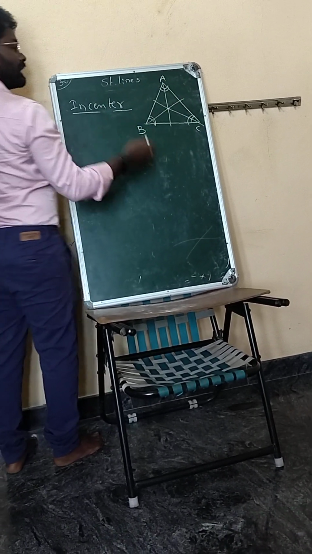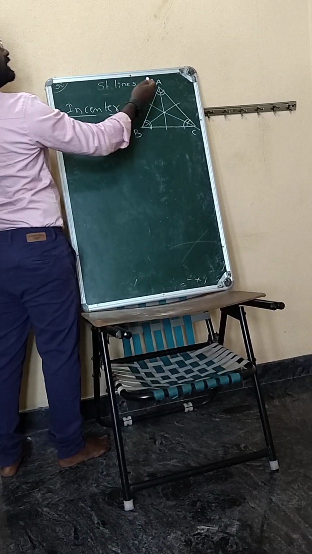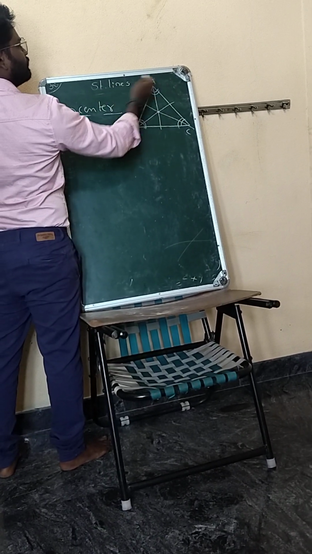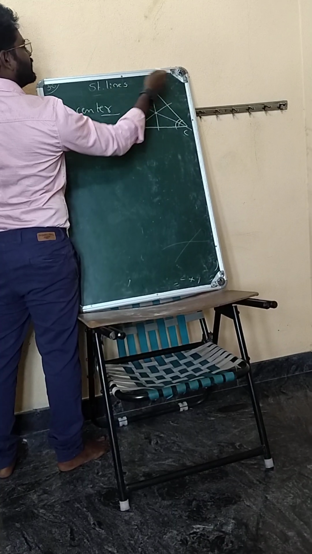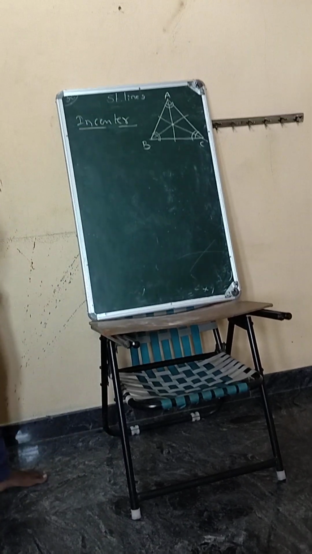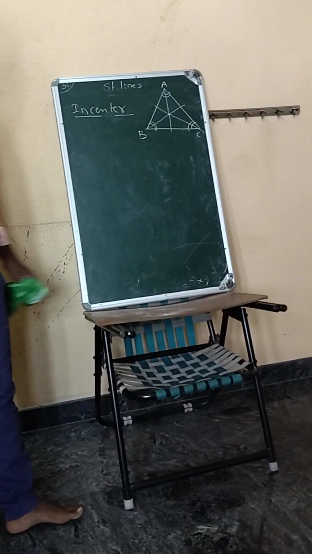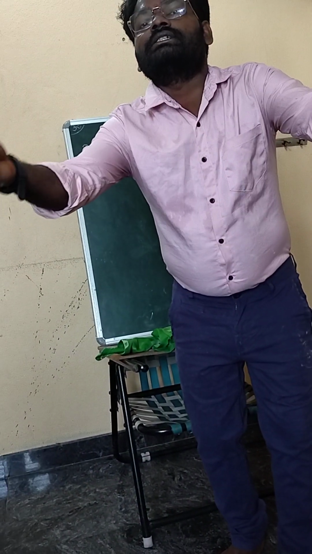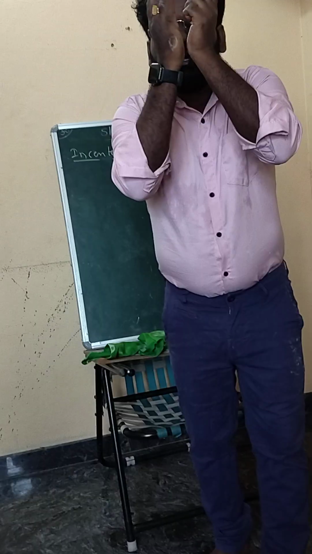Bisecting means cutting into two equal parts. Angle bisecting means angle cutting into two equal parts. This angle, suppose 90 degrees, cutting into 45 and 45; 60 degrees, cutting into 30 and 30. Incenter means angle cutting into two equal parts.